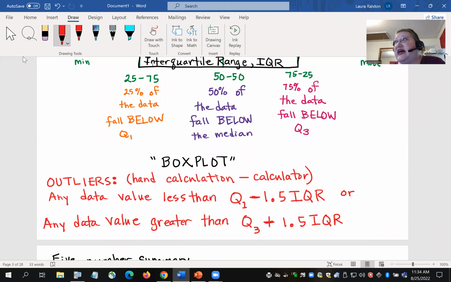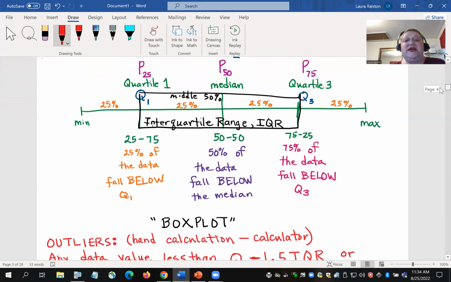It's always 1.5. Students always ask that question. That's just a standard coefficient, but it has to do with the empirical rule, and the fact that if we're 3 standard deviations away from the mean, so 1.5 and 1.5 make 3. So you don't have to worry about that. It's always going to be 1.5.